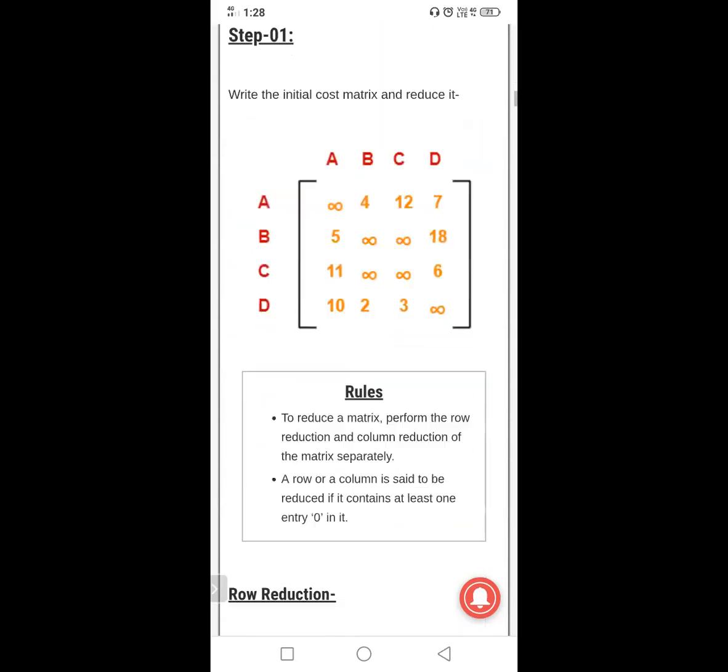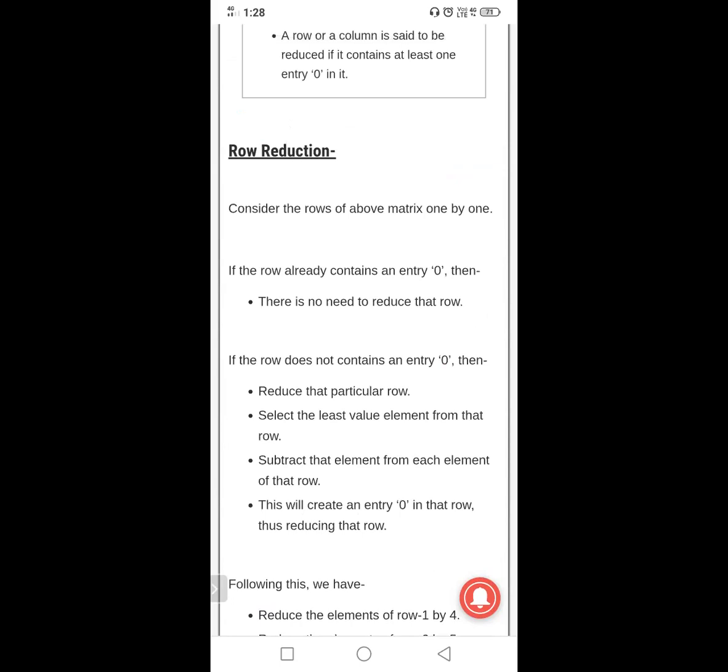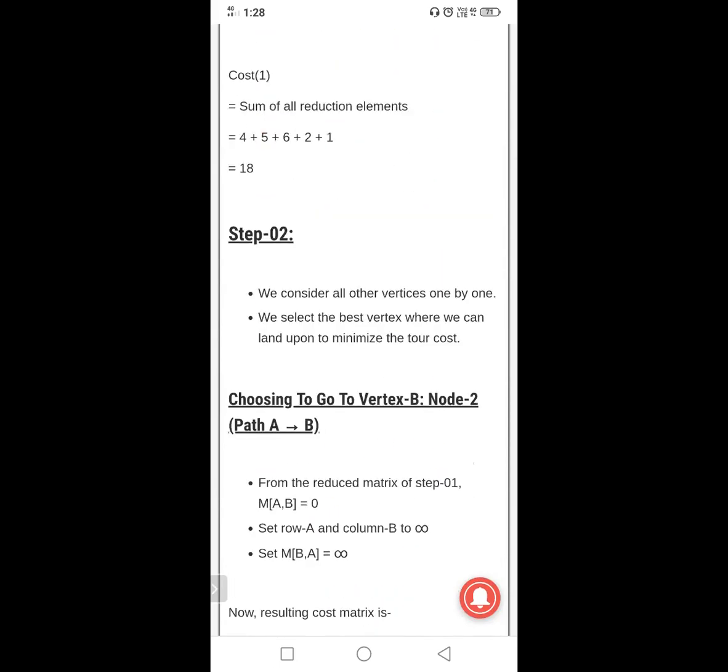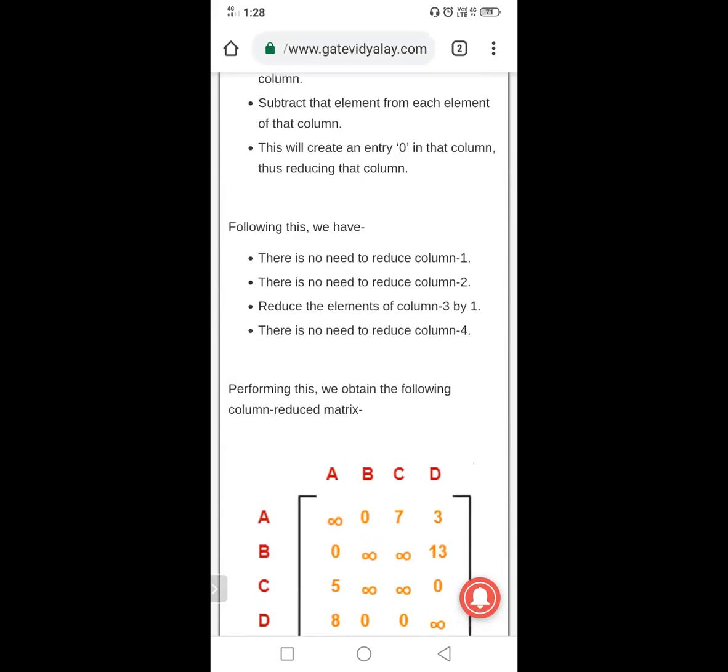For that node, you have to choose the minimum cost for each node. Okay, clear, students? So today we completed all 6 units. Our syllabus is over.